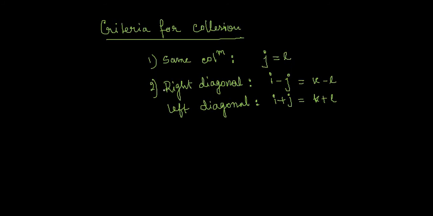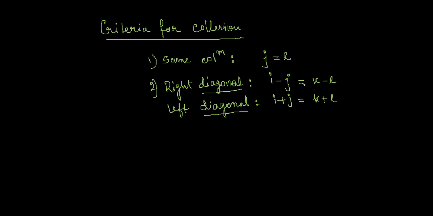I have kept them at the same point because ultimately they are diagonal. The question is that if the ith queen is placed in the jth column, and you want to search whether you can put the kth queen in the lth column or not, you have to find out whether they are equal or not. If j is equal to l, that means you cannot place the kth queen in the lth column because they are in the same column.